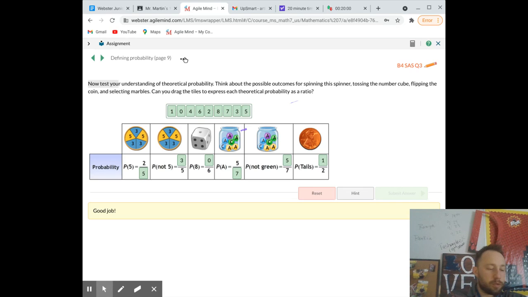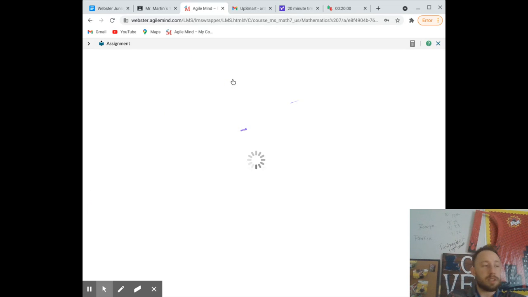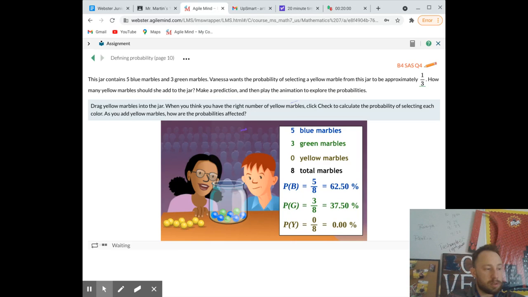All right, so if you have not answered questions 1, 2, and 3 yet in your workbook, it is definitely time to get those done. And I'm going to click on page 10. All right, would you read this for us, please, Miss Destiny? This jar contains 5 blue marbles and 3 green marbles.